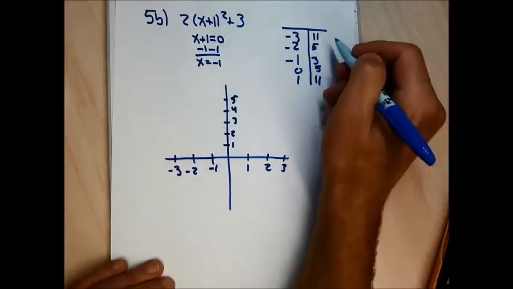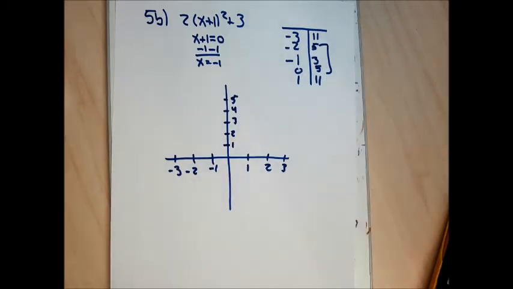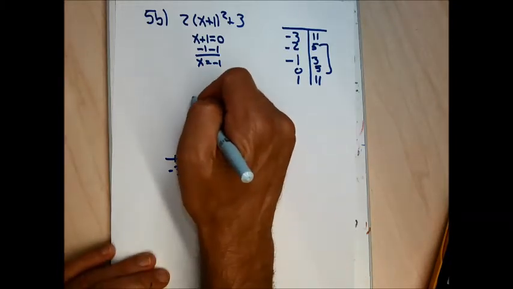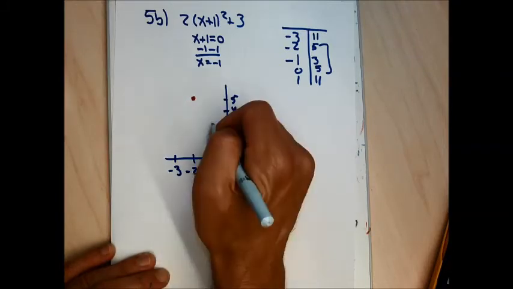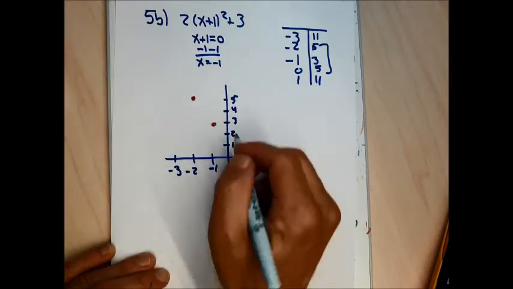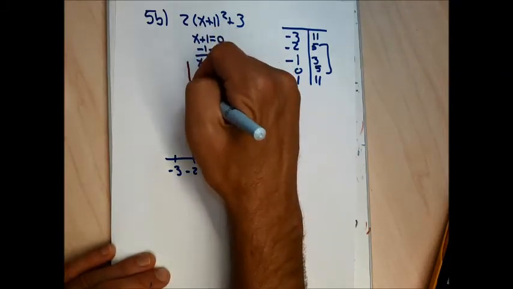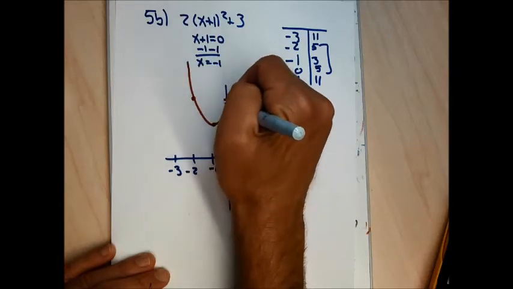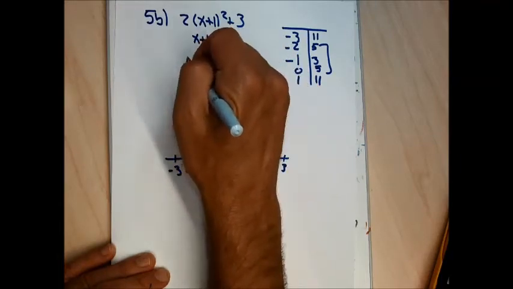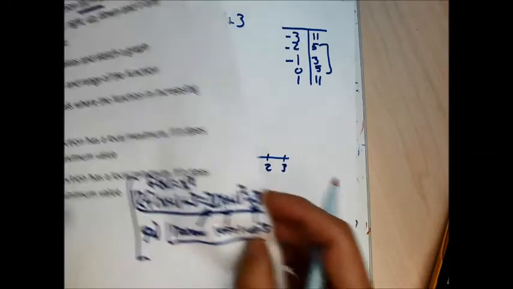So I'm just going to plot these 3 points, and that's enough. 3 points, as long as one of them is a vertex and the other on either side of the vertex, are enough for a parabola. So I'm going to plot the point -2, 5, -1, 3, and 0, 5, and draw a U as opposed to a V through those points. So that's perfect for 5B.